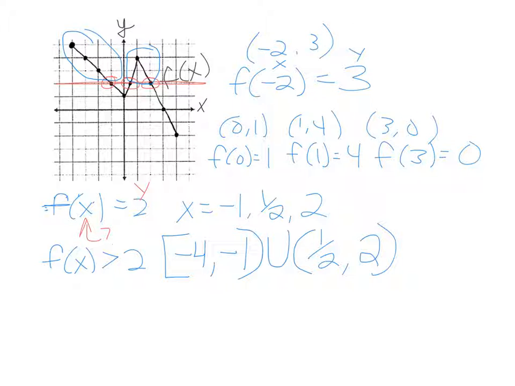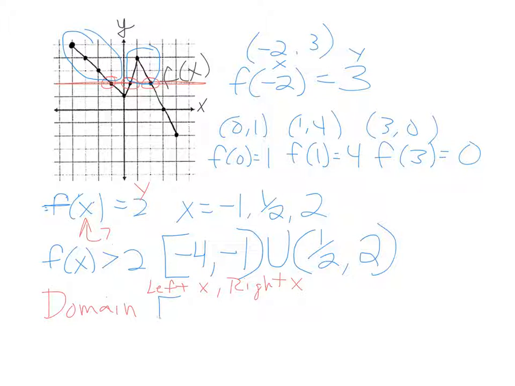Now let's talk about domain and range. Domain is all of the x values from the farthest left x to the farthest right x. So looking at this graph as a whole, we're not looking just above 2 anymore. The entire graph as a whole. The farthest left this graph goes is when x is -4.